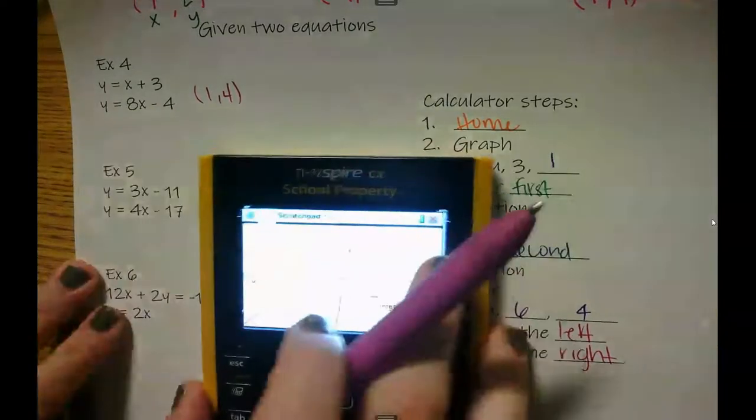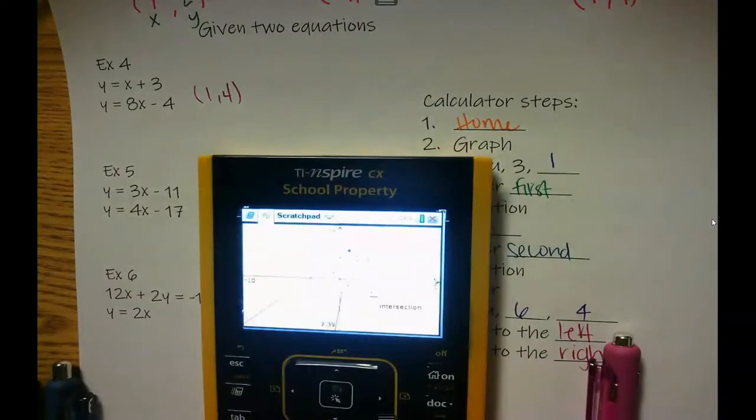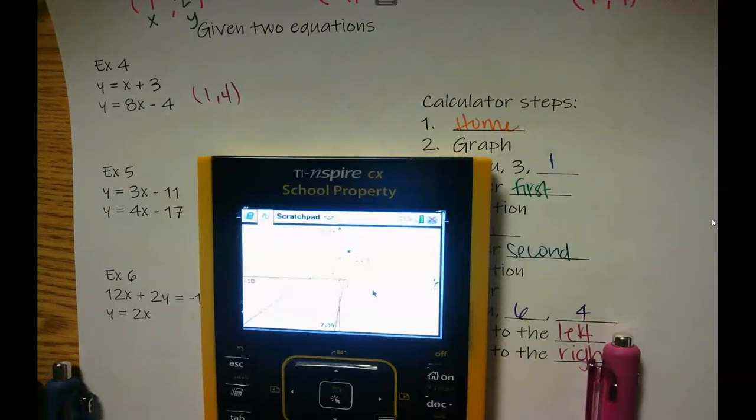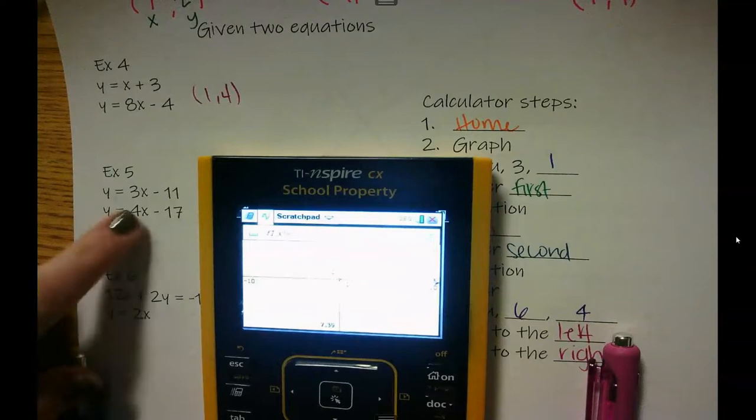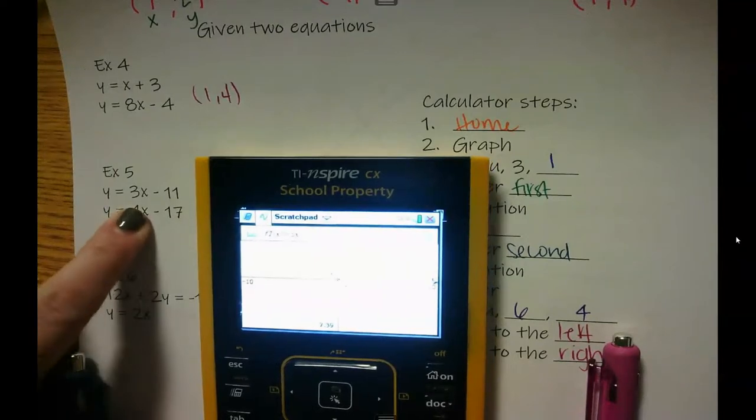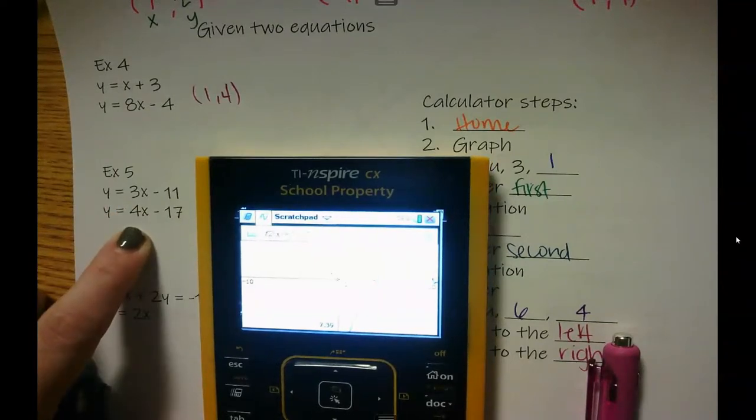So we can do that for all of these. Menu 3, 1. Enter in the first one, 3x minus 11, arrow down, 4x minus 17, enter.